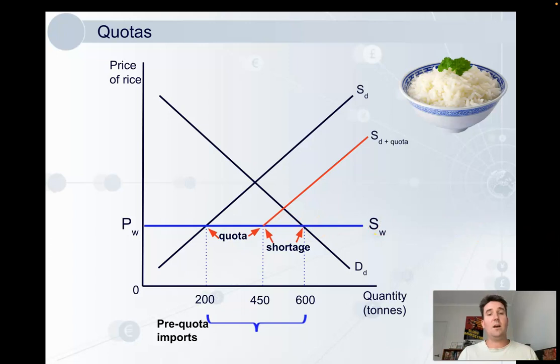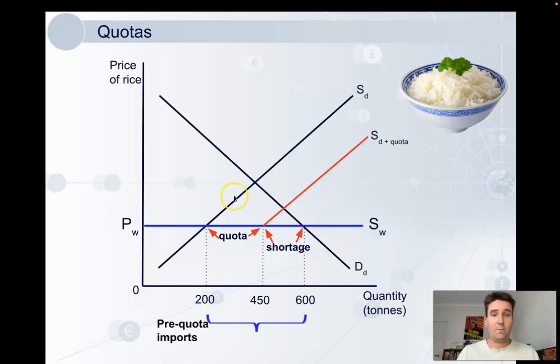So what this does is market forces will bid the price up so that it can reach a point where imports are satisfied by the quota. So it puts the price up to price world plus quota.